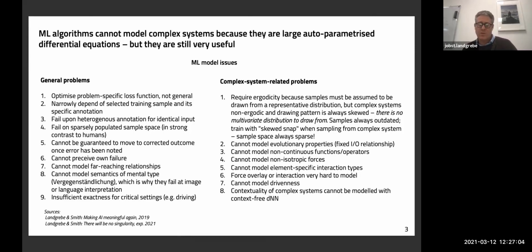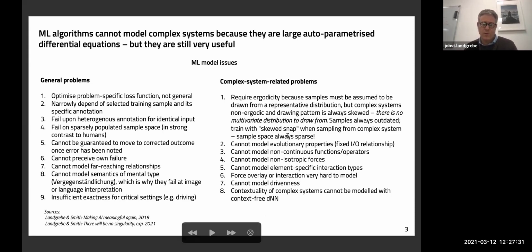But the problem is not only so. If you look at the first point, that you need ergodicity, that's already bad because you can't get an adequate multivariate distribution. But what's even worse, even if you could, you need to abstract from the context in any Turing machine. So Turing machines are always context-free because they are just machines in which a computation goes on, but they can of course not take context into account.